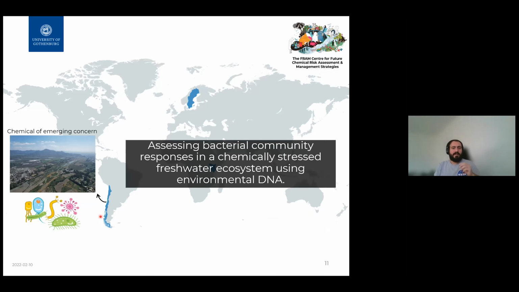But in this seminar, I will mainly focus on and present really selected results from our case study from Chile, and particularly the one from the freshwater system, the River Aconcagua.